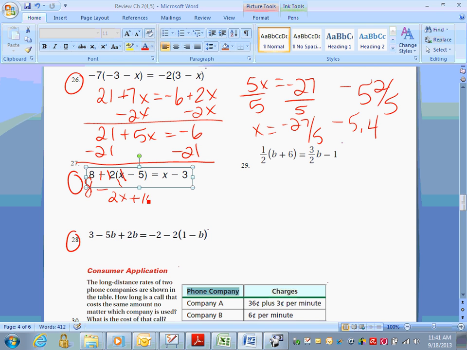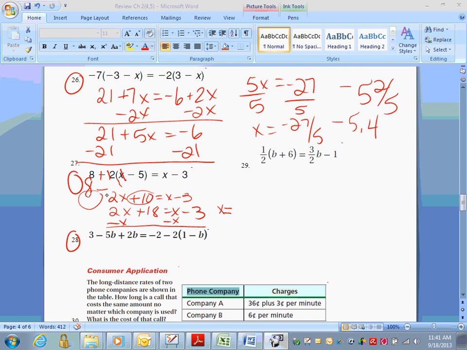2x plus 10 equals x minus 3. 8 and 10 is 18, so that's 2x plus 18 equals x minus 3. Now I need to move the x to the left, minus x. Hold on, I left this negative up here because I was scared to touch it, so this is a negative.